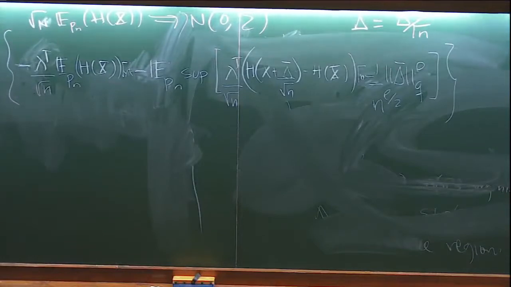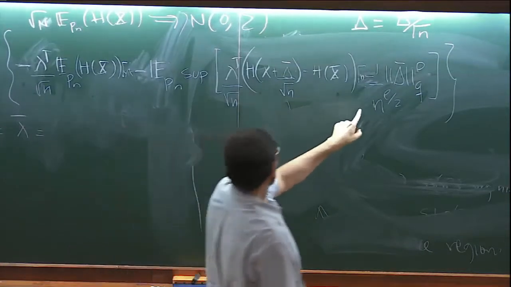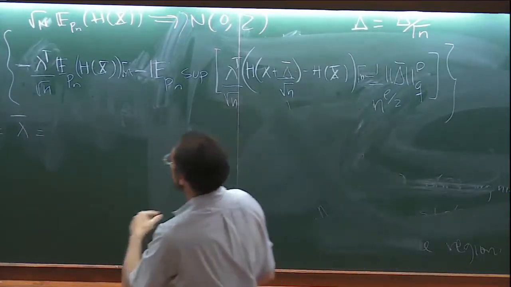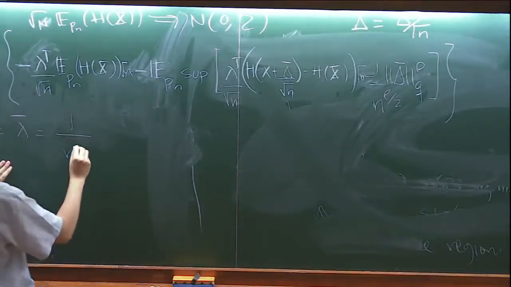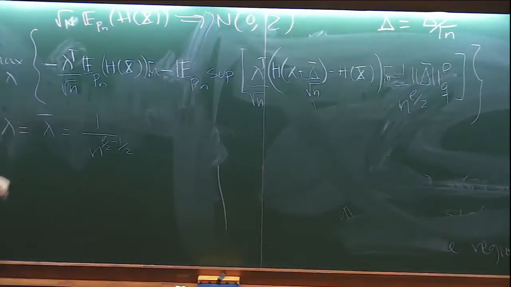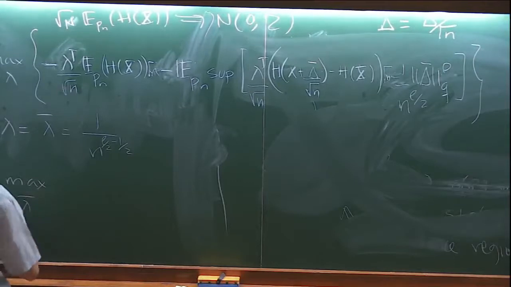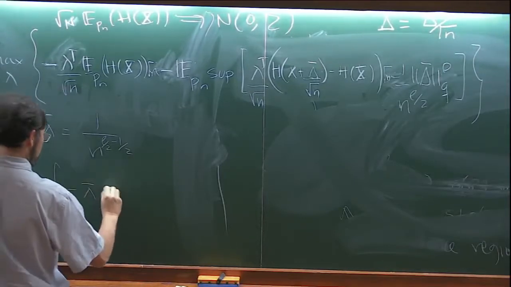And now I'm going to introduce another scaling, which is lambda equal to lambda bar. And I need to put whatever I'm missing for this, right? So that's 1 over n to the power rho divided by 2 minus 1 divided by 2. And that gives me max lambda bar minus lambda bar EPn.